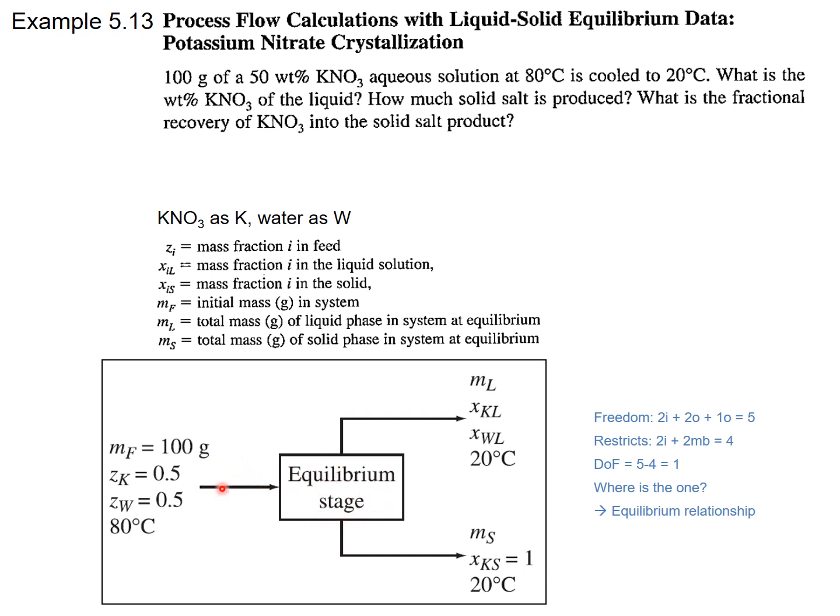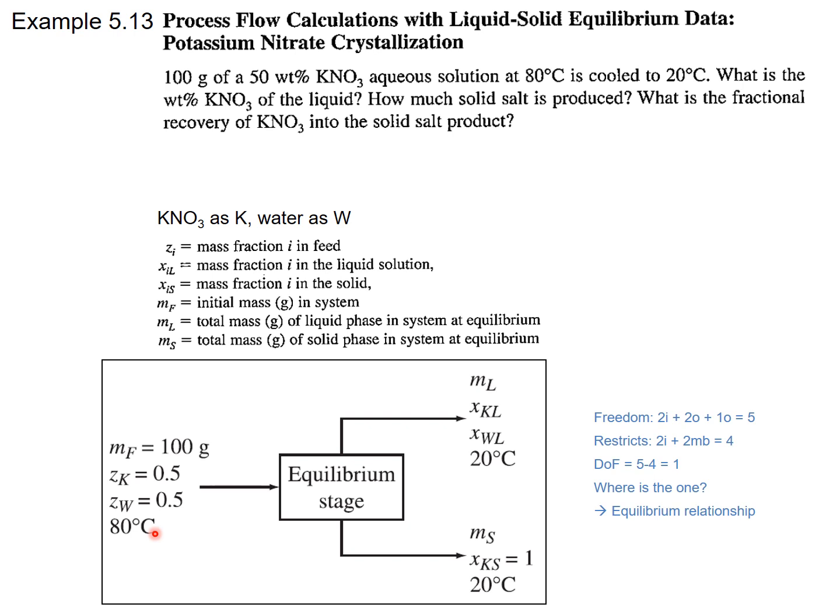In this feed stream, you have 50 weight percent KNO3. It means 50 gram KNO3, and also 50 weight percent of water, and the temperature of the feedstock is 80 Celsius degree.